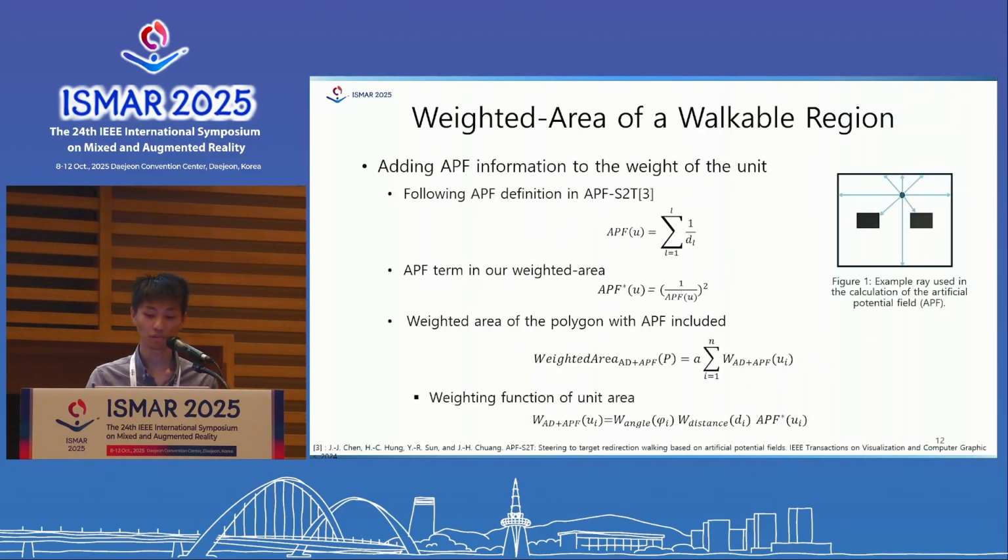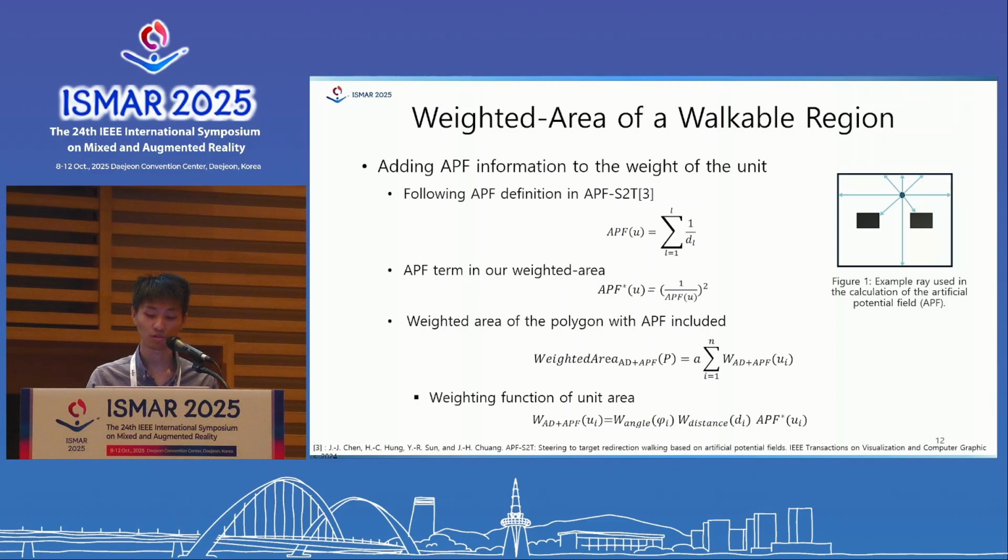The weighted area formulation could also incorporate additional information for redirected walking. One example is the APF value at the unit center, which indicates how open the surrounding space is. In the APF S2T definition, a higher value means the unit is closer to obstacles, while a lower value means the area is more open.